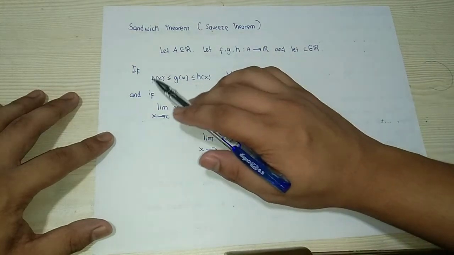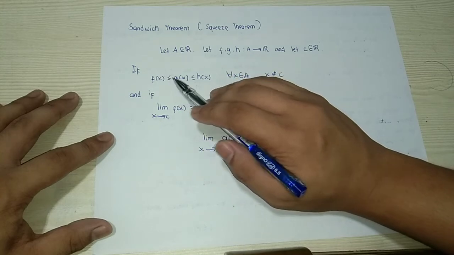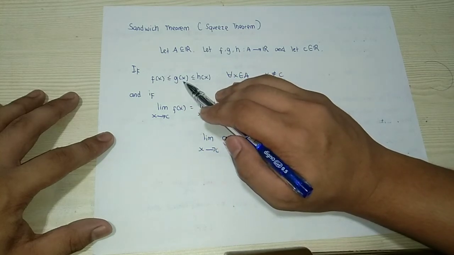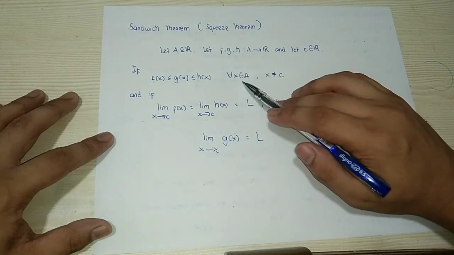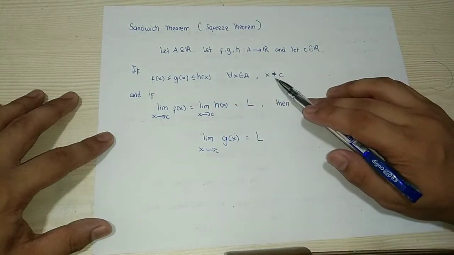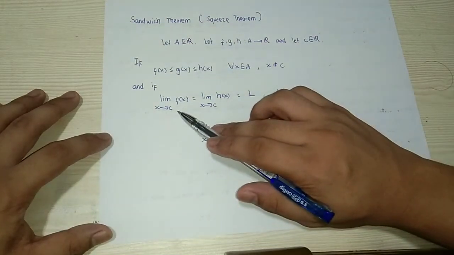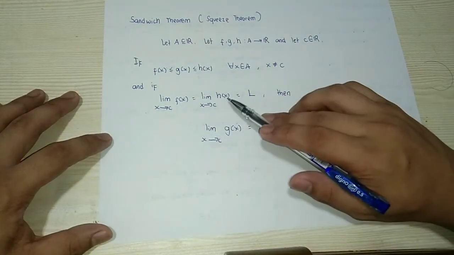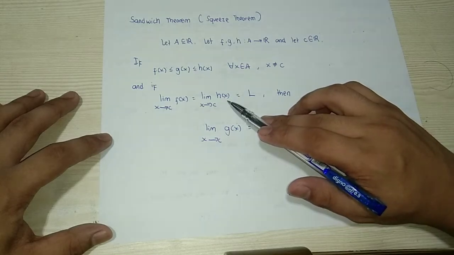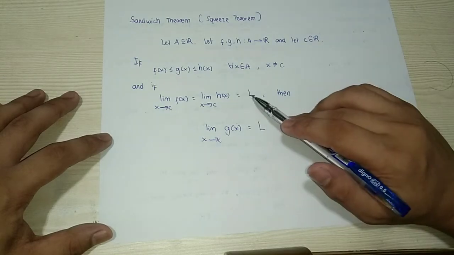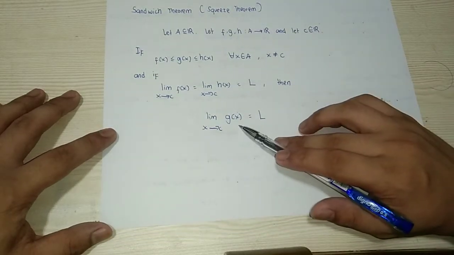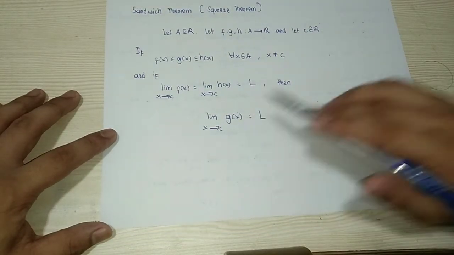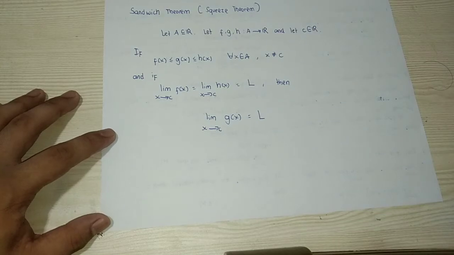If f of x is less than or equal to g of x, less than or equal to h of x for all x in A such that x is not equal to c, and if the limit of f of x is the same as the limit of h of x as x approaches c, and let's say that is L, then the limit of g of x as x approaches c is equal to L.